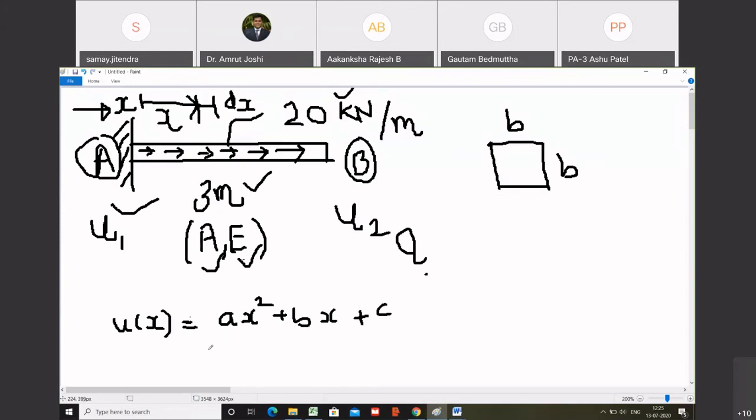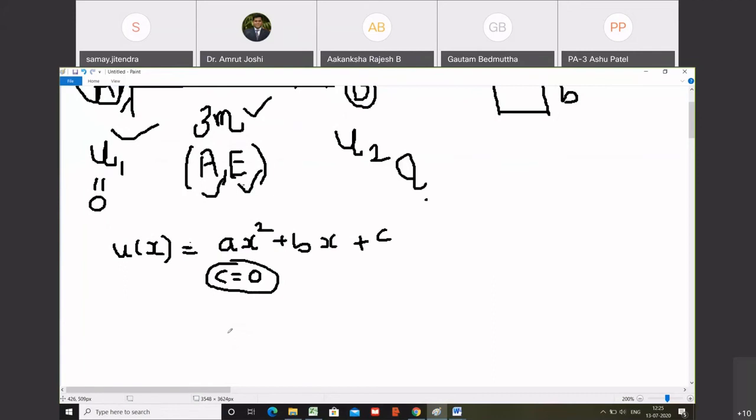Now let us equate u1 to 0 because we know that u1 is 0 here. So therefore, if u1 is 0, that means c equal to 0. Do you agree with me? Now, we need to still evaluate the value of a and b.